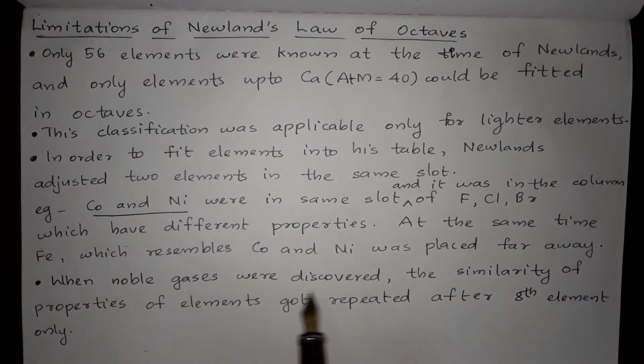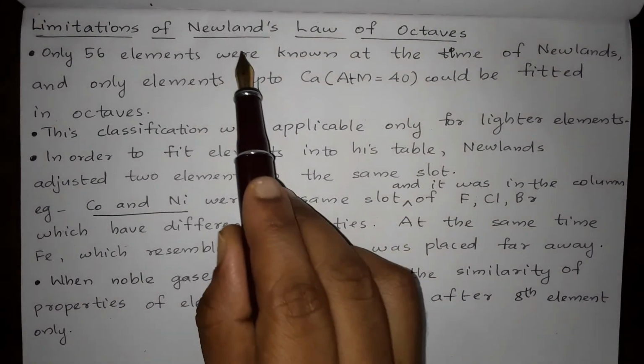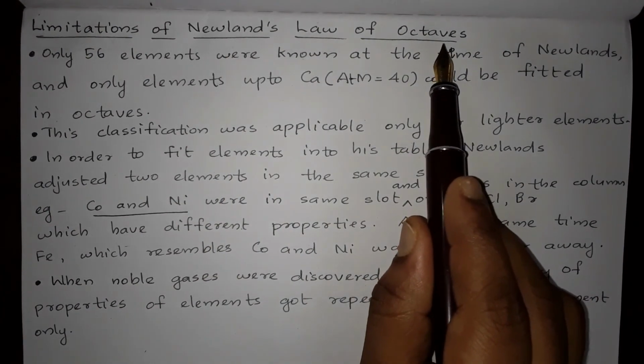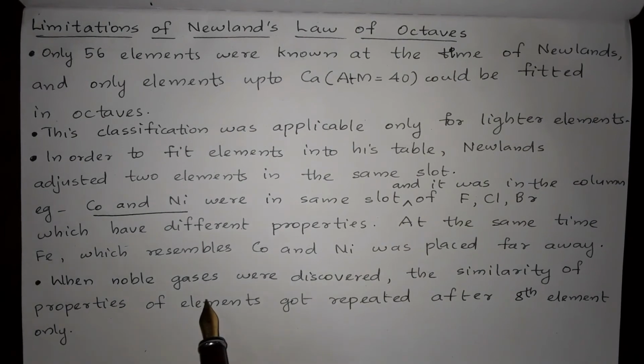See, at the time when Newlands' octaves came into practice, noble gases were not there, but when noble gases were discovered, the similarity of properties of elements got repeated after the 8th element only.